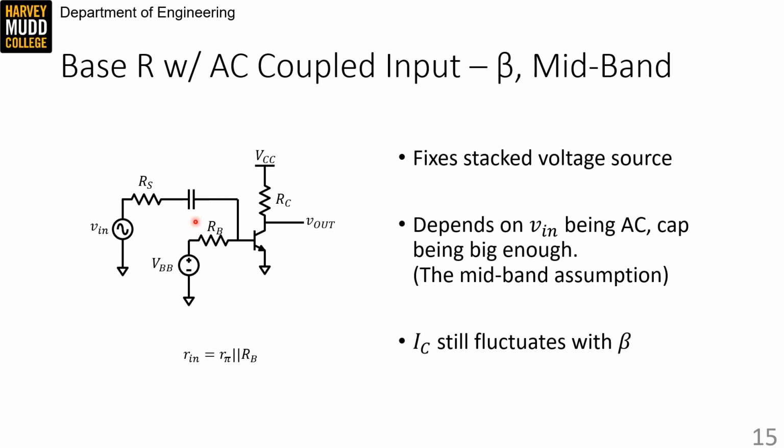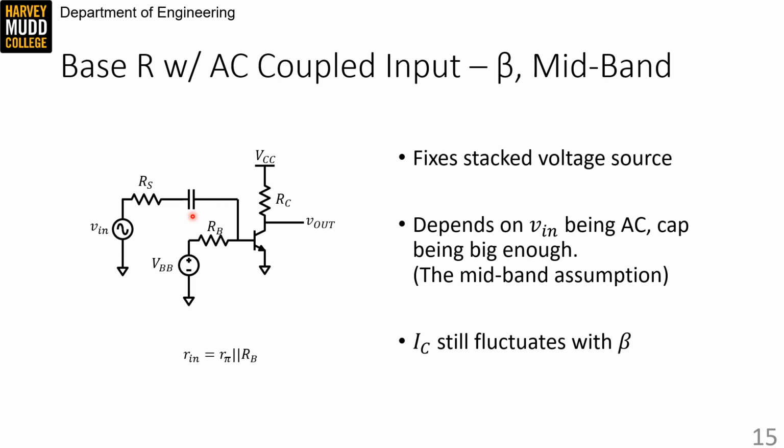So that sweet region of frequencies where coupling caps look like shorts, but we're not haunted by high-frequency parasitics, is referred to as the midband. And typically when we do small signal analysis, we will be making the midband assumption, which is that we can short out coupling capacitors. We'll figure out exactly where the midband assumption holds after our first midterm, once we start looking at dynamics.